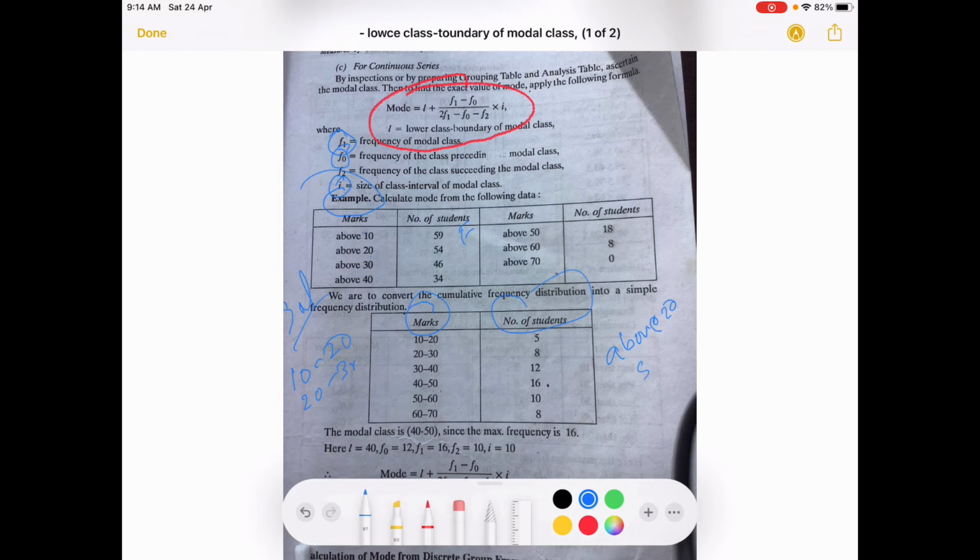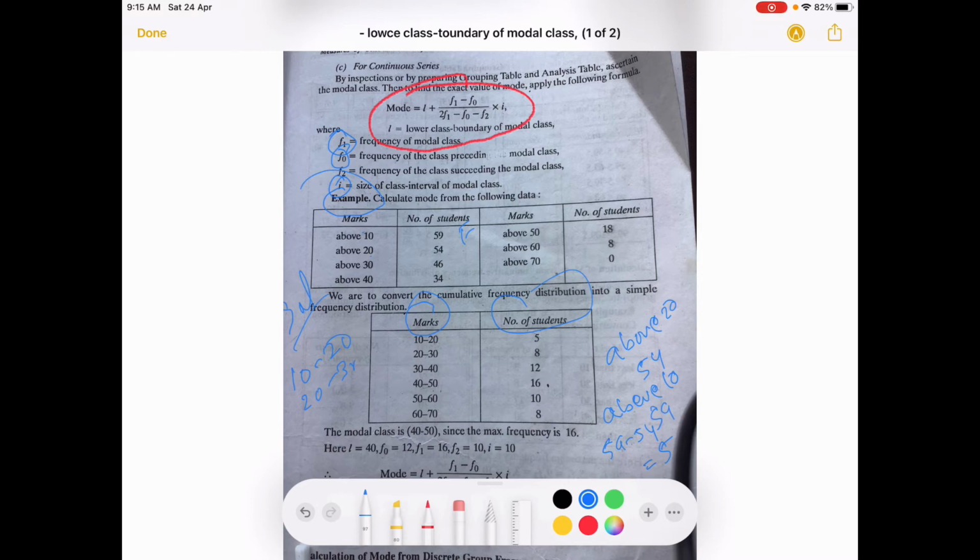Above 10 चाहिँ 70 सम्म 59 थियो, र above 20 चाहिँ 54 भयो. भने 10 देखि 20 सम्म मात्रै कति हुन्छ त भन्दाखेरि 59 मा 54 घटाउनु पर्छ. 54 घटाउँदा कति रहन्छ? 5 रहन्छ. त्यो तपाईको मार्क्समा हो.